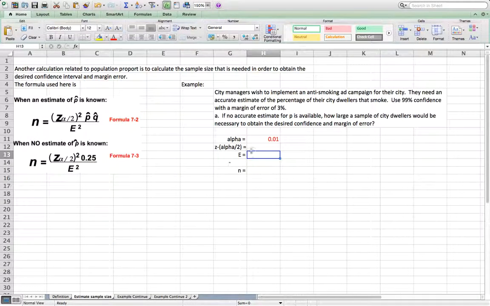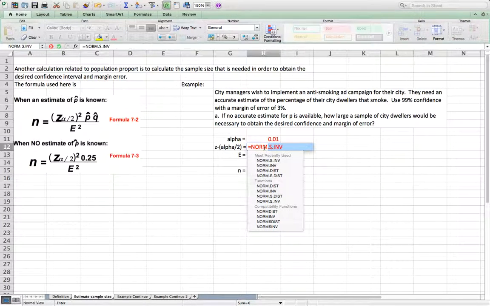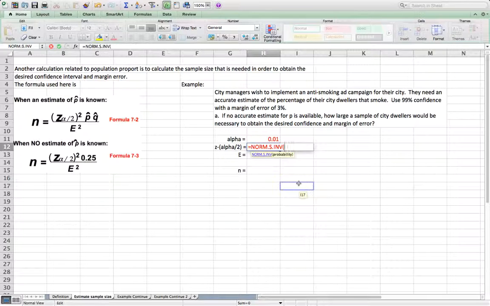So we calculate it like this, using the normal standard inverse function. The probability is 1 minus alpha over 2, which will be 1 minus 0.01 divided by 2. Why?